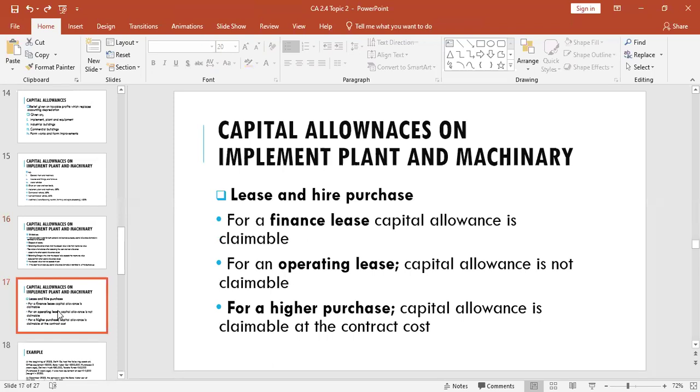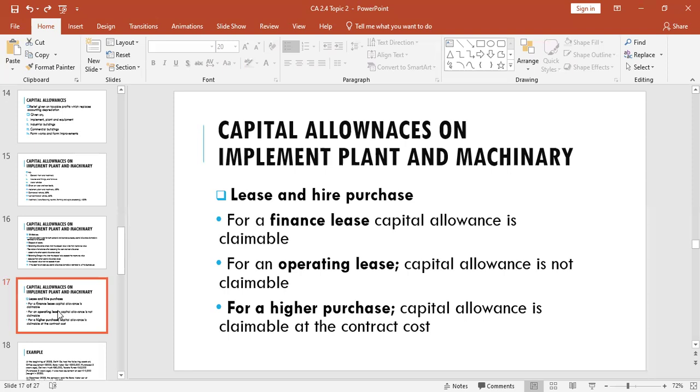Then lease and hire purchase. So for a finance lease, capital allowance is claimable. We're going to look at this in IFRS 16, which is tomorrow. So a finance lease is basically a lease where you get an asset, then you treat it as your own. The risks and benefits associated to that asset accrue to you, who is the holder of that finance lease.